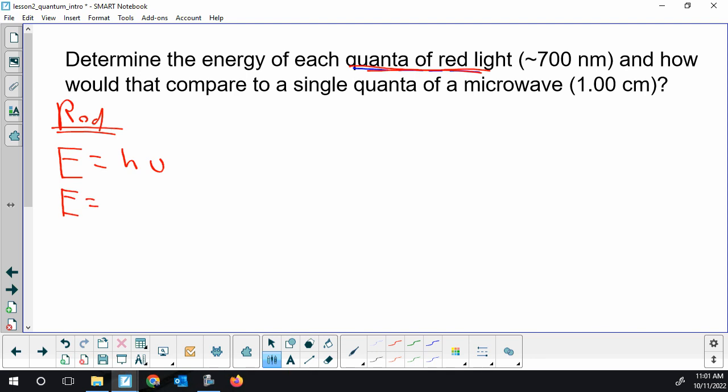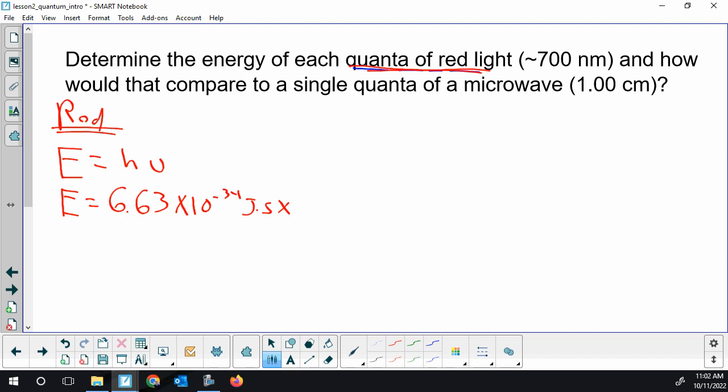So energy is 6.63 times 10 to the minus 34 joule seconds, which are the units to his constant, and then we have to multiply that by the frequency, which we don't have.